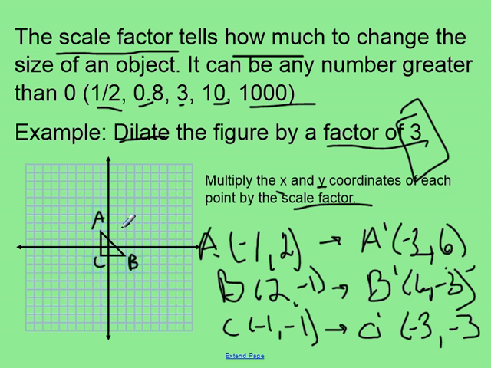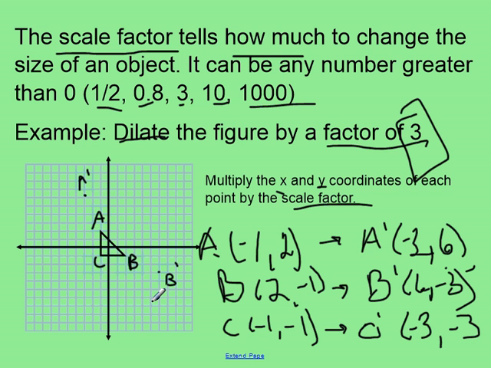Okay, so now I plot the new points. A prime is going to be 1, 2, 3 to the left and 6 up. 1, 2, 3, 4, 5, 6. There it is right there. That's A prime. B prime is going to be at 6, -3. 2, 4, 6, 1, 2, 3, right there.